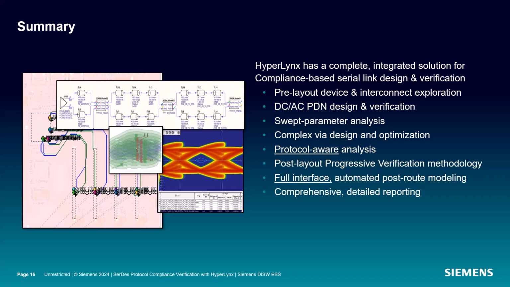For the full flow, there's a pre layout schematic based topology exploration to develop placement and routing rules using progressive accuracy and standards compliance analysis, methodology for PDN design and verification for both DC drop and AC decoupling analysis behavior, how swept parameter analysis can be used to improve design margins, how we use Hyperlinks' Design Space Explorer that can be used to explore and optimize designs with very large design spaces, such as complex vias, how Hyperlinks can ensure your design meets standard protocol requirements using automated compliance analysis, and how Hyperlinks' post layout progressive verification methodology finds as many problems as possible, as quickly as possible, with as little effort as possible.